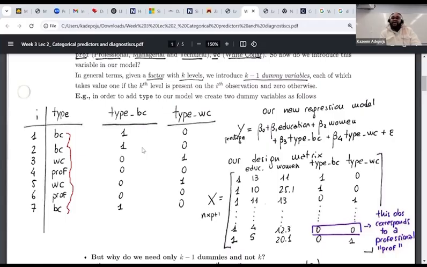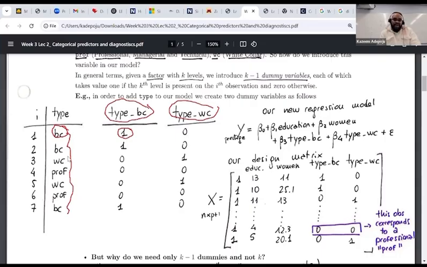Now I can decide to choose 2 and make the other one the reference, if I'm choosing BC and WC. If you take a look at this, BC is here, so it's going to be 1. WC is not here, so this is 0.